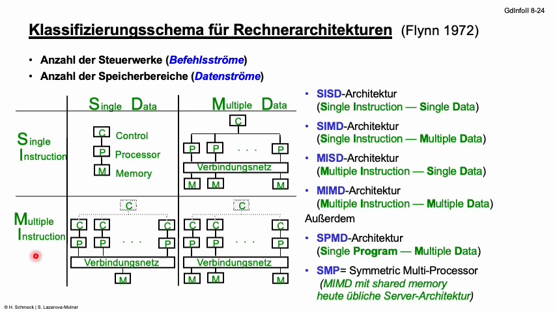Here we have the different instruction streams. You can either have a single instruction or multiple instructions, or you can have single data or multiple data. And the simplest one, as I said, is the single instruction, single data stream, which means we have one sequential incoming data stream and one single processing unit to execute this data stream.